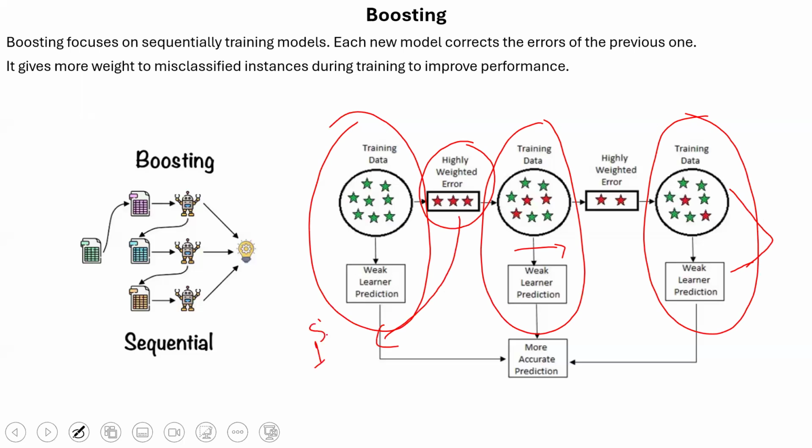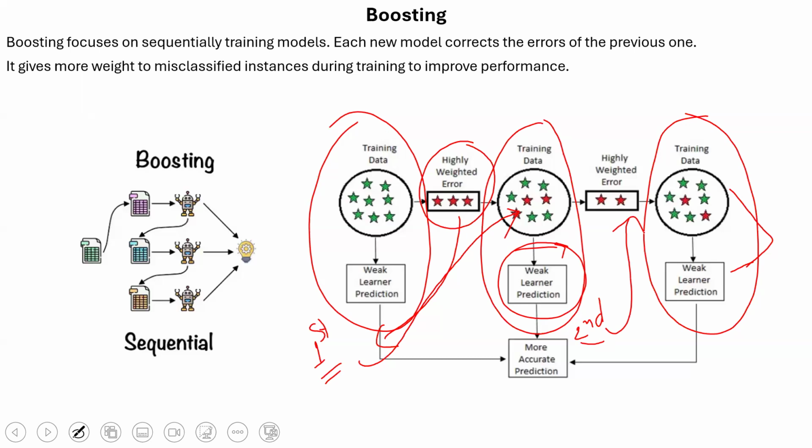That is used as the input for training the second model. Again, in the second iteration output, whichever records are wrongly classified in the training data will be given higher weightage for the third model's training data. That is how boosting actually works.